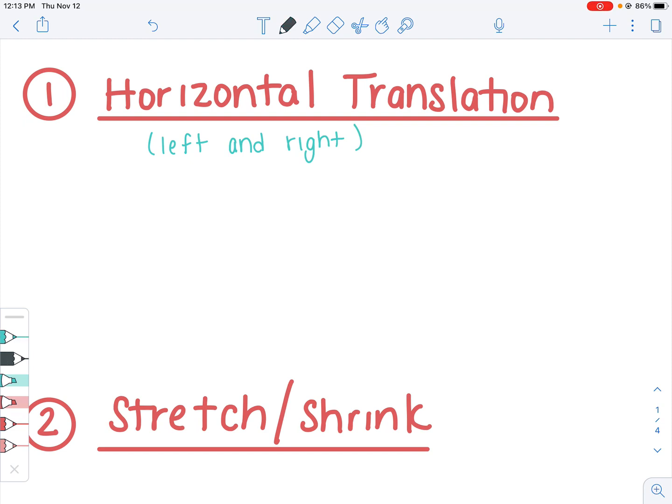That's going to look something like f of x equals square root of x, and it's going to be a number subtracting or adding inside your parent function. When that happens, if it's a negative number, it's moving right. If it's a positive number, it's moving left.